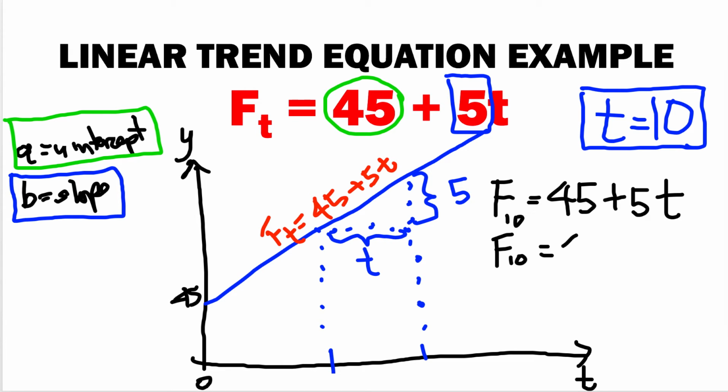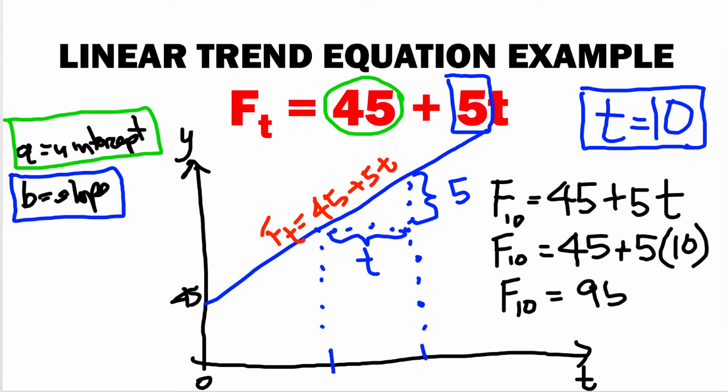We know that t equals 10, which means the forecast for time period 10 is 95 units. To see this on the graph, we know that t equals 10. We know that 95 falls onto the trend line, and we know that this value is 95.